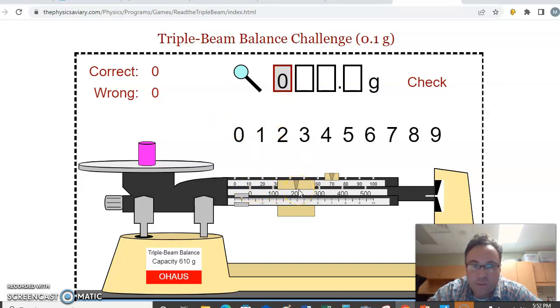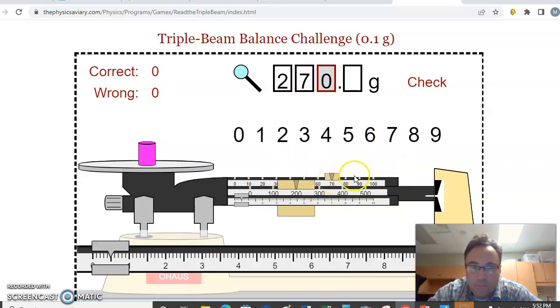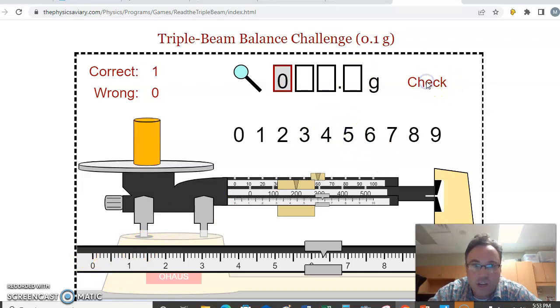We see the hundreds place, which is 2, then the tens place, which is 7, and then the ones place, which is a 0, because it's between 0 and 1, and the tens place, which is, we're going to say 5. Check. Great. We got it right.